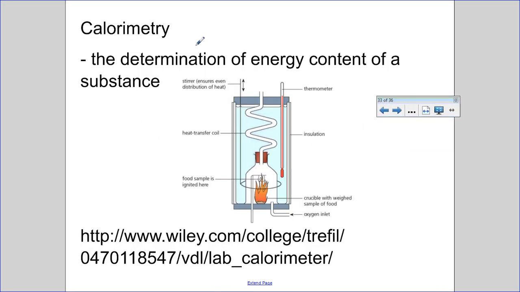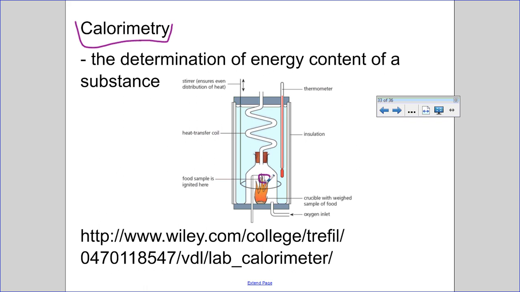And the last little bit deals with calorimetry. When determining the energy content of a substance, calorimetry is a process that is used. Calorimetry involves a vessel that is filled with water. In this vessel is a food sample separated from that water.